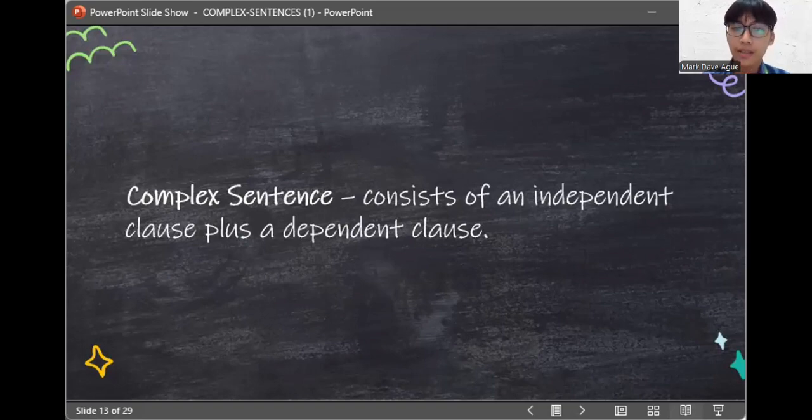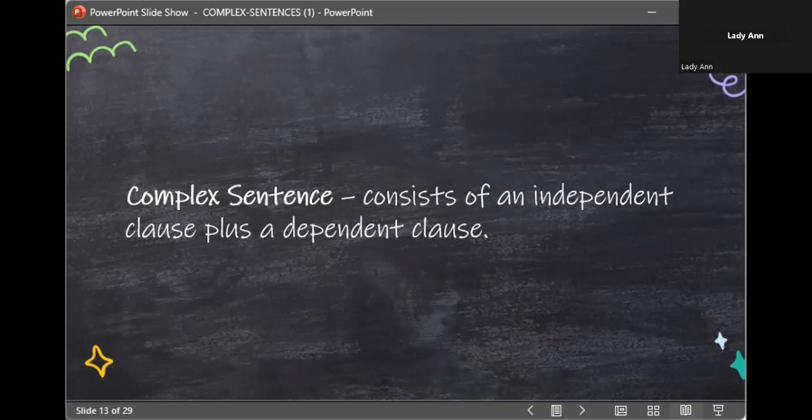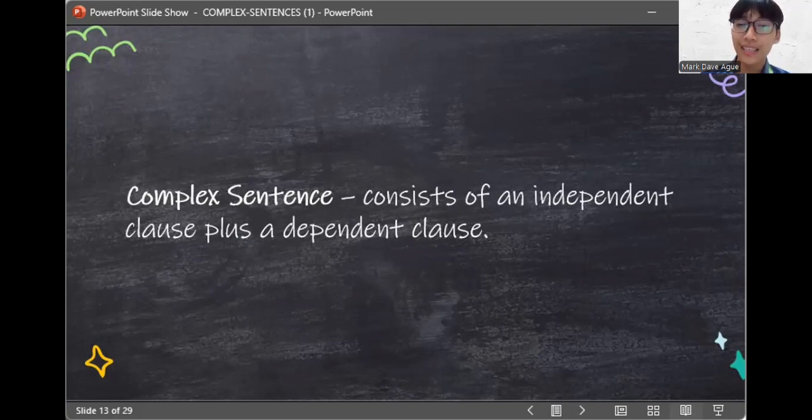Now, what about a dependent clause, Miss Tanya? A dependent clause is a clause that does not express a complete thought. It does not express a complete thought because it needs a subordinating conjunction.